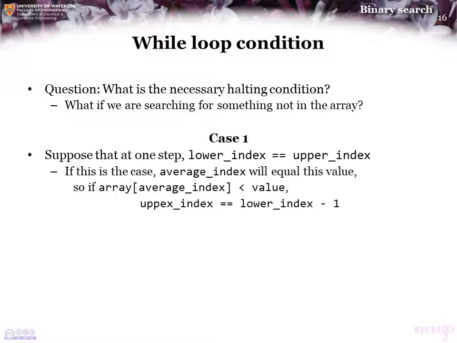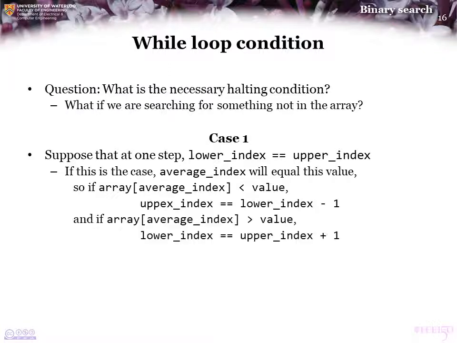So now lower index will be equal to upper index plus 1. And if the value we are searching for is less than the entry at the average, then upper index will now be set to lower index minus 1. In both cases, lower index is now larger than upper index.